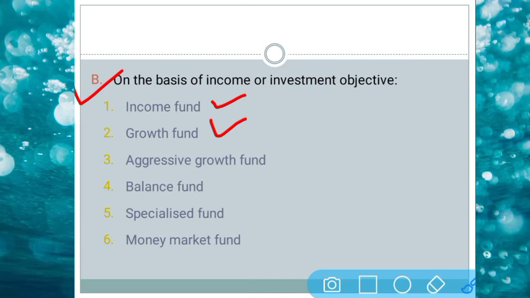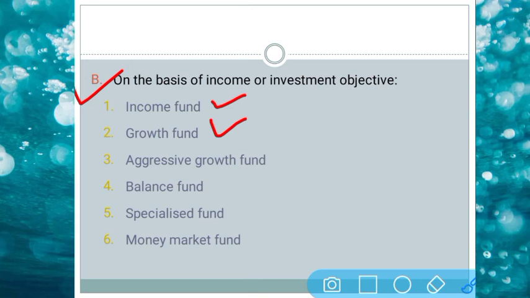Generally business class people or salaried people with high salary, those with high risk capability and high risk attitude, generally invest in growth funds. In income funds, the risk is less and hence the return is also limited, whereas in growth funds there is more risk and hence the return is comparatively more.